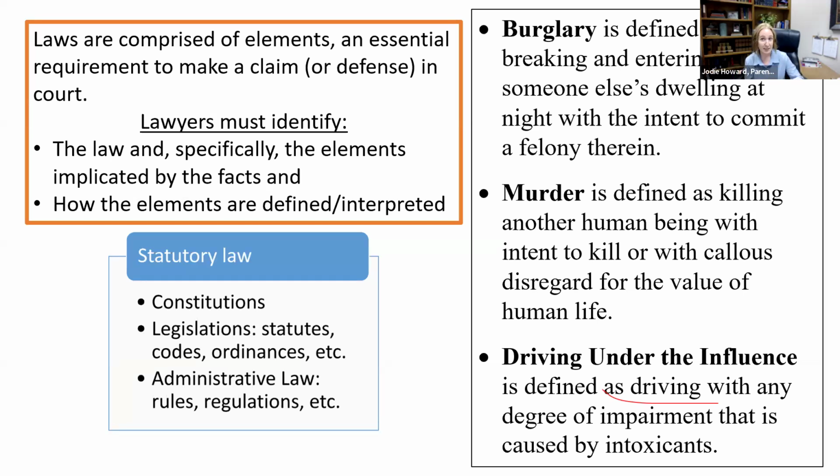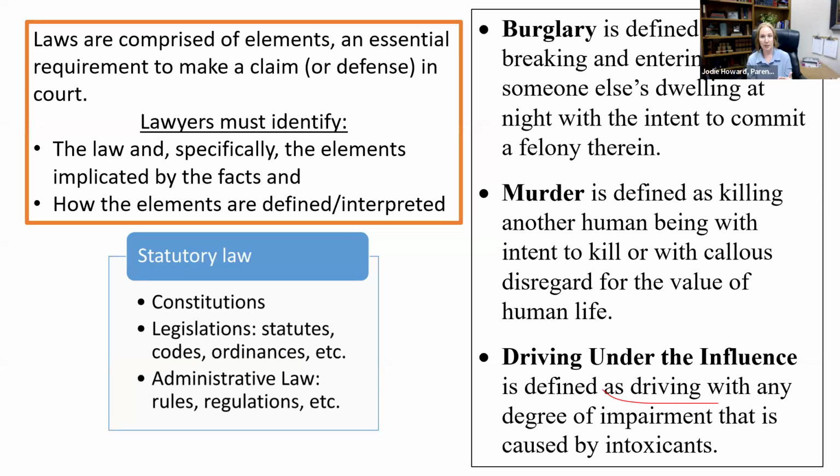Laws are written to incorporate different elements. These statutory laws are comprised of elements. Each element is usually an essential requirement. In order to say somebody broke this law, you have to demonstrate every element was broken, right? So we have to be able to read a statute and divide it into elements.